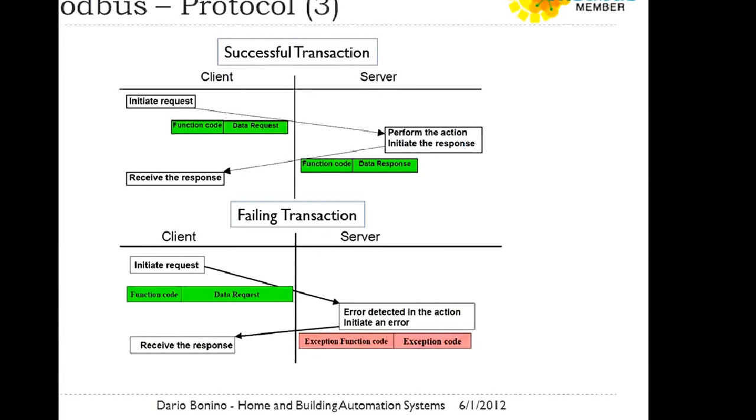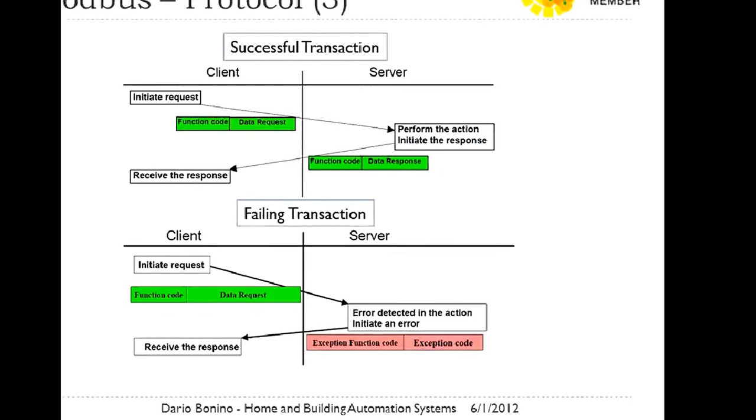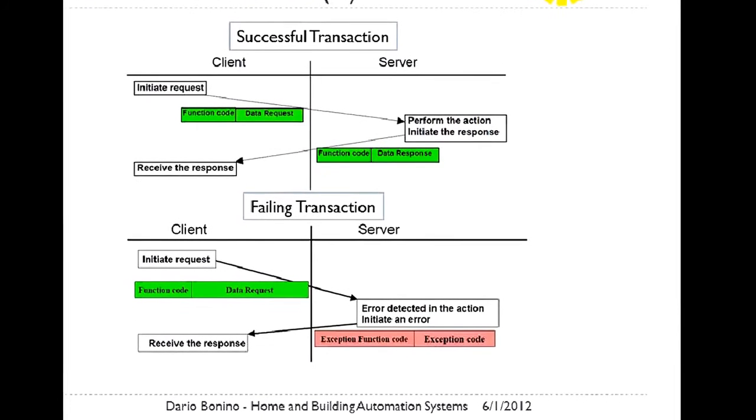Then the server, which is the device in this case, performs the action if it can, and sends back an acknowledge. Okay, the operation went well, I switched on the coil. And the client receives the response. So it's a client-server approach. And the same happens if we have any error. If I send the wrong function code to the wrong device, I get back an exception function code. Okay.